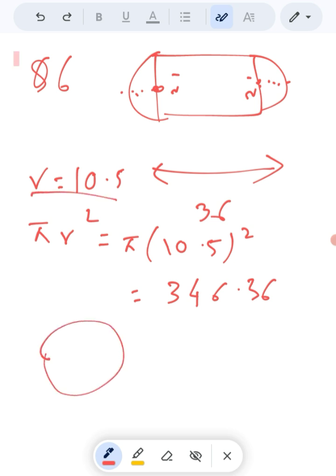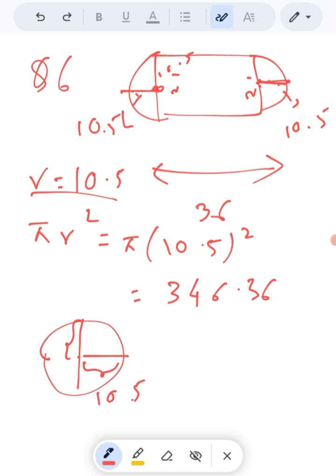So if I talk about a circle, if this part is your radius, obviously even this part is going to be your radius, right, of a circle, agreed? So if this entire is 21 and this is 10.5, this side is also going to be your 10.5 because that is also the radius of your semicircle, and even this side is going to be your 10.5.